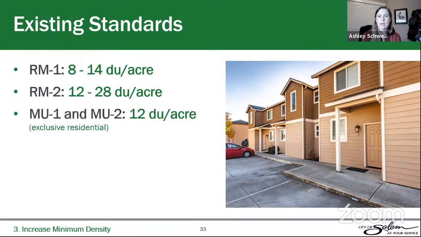So if we are going to set a higher minimum, say the 15 units per acre that the state's requiring, or 20, something like that, what else do we need to do to ensure that we are not hamstringing developers? Does that mean we decrease the minimum square footage of open space, or amenities in a multifamily development? Do we change the landscaping requirements? Do we change the setbacks?